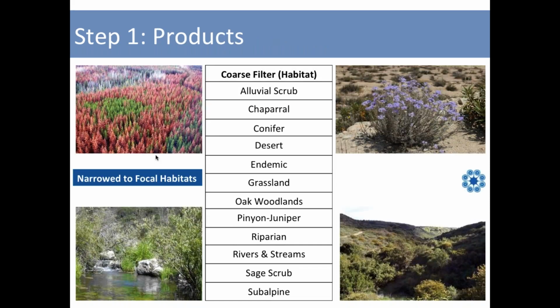But in the end, we decided to focus in on focal habitats, and this is primarily due just to time and funding constraints. And so we narrowed it down to 12 focal habitats, which you can see are listed here in the middle. And where we could in the assessment, we integrated ecosystem services that are associated with those habitats and called out some of the keystone species that are also associated with those habitats.